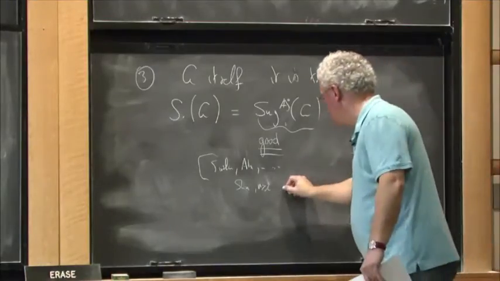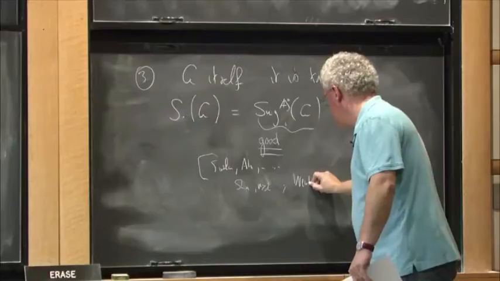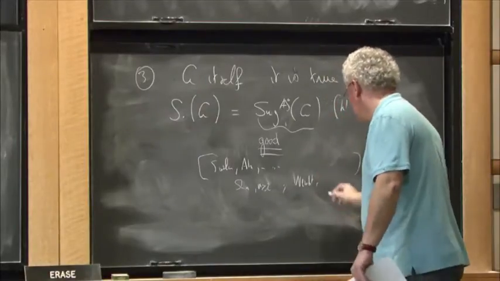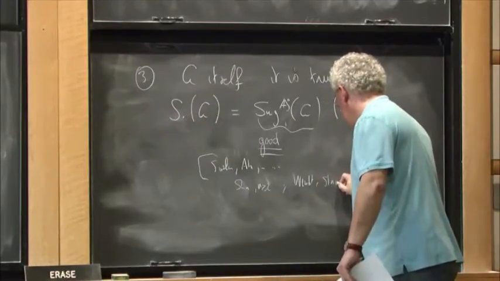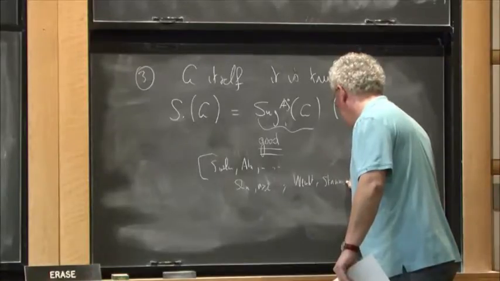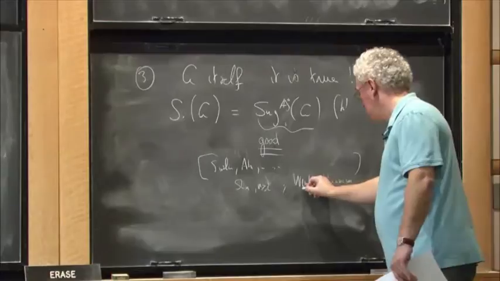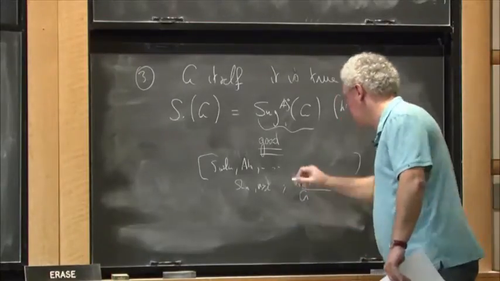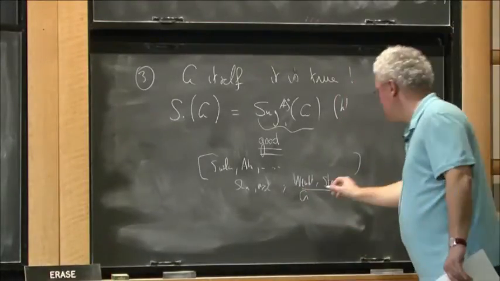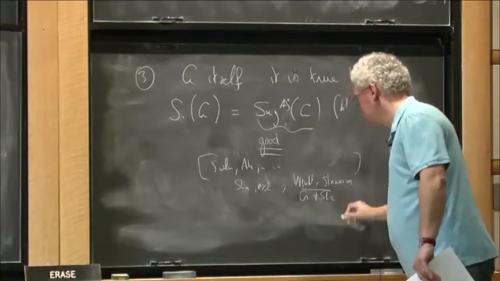Then Wendt, with the help of Anastasia Stavrova, completed this for the case of G of any type except SL2.